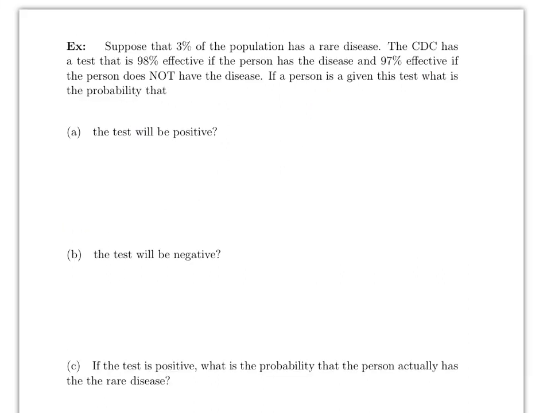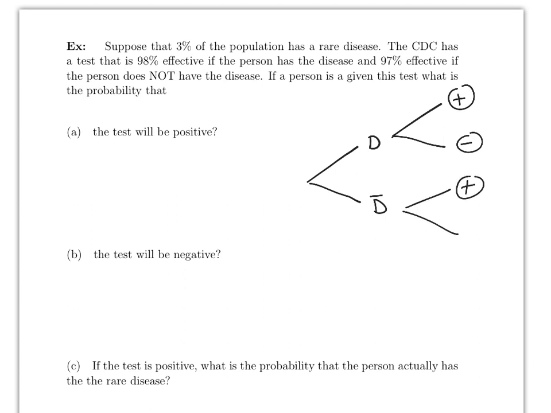In this problem, you have that a person either has a disease or they don't have it. If they have the disease, they take a test. The test is either positive or negative. The probability that somebody has a disease is 3%, which is this value.